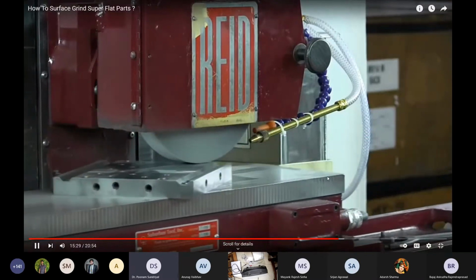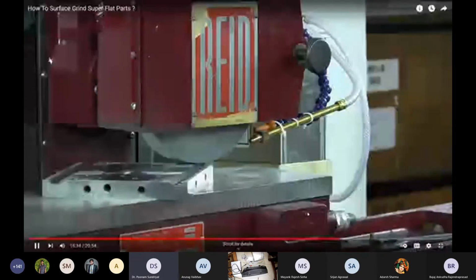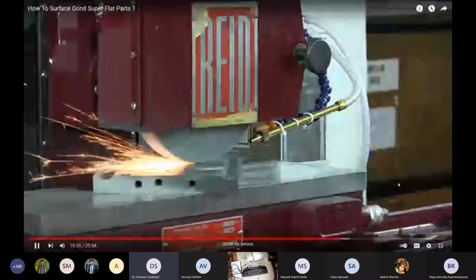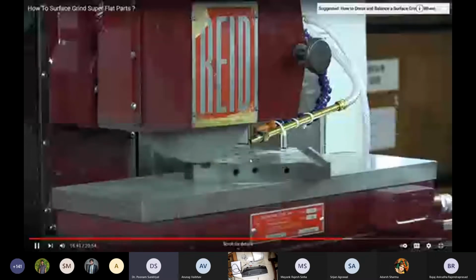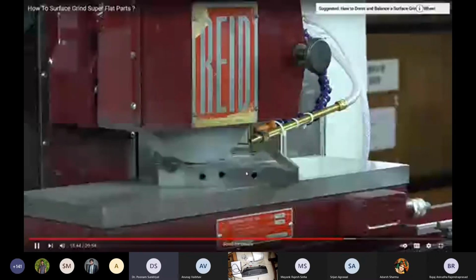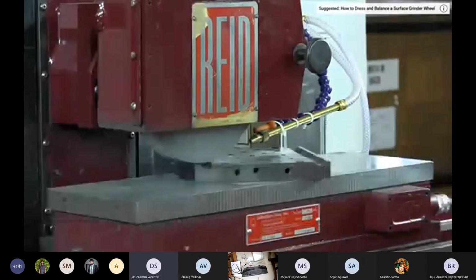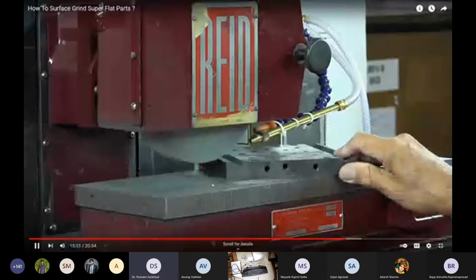So the machine does these oscillations. No one has to really do anything once it's mounted. The machine does this oscillation. So how do you think such an encoder would help? This oscillation from left to right is automatic.